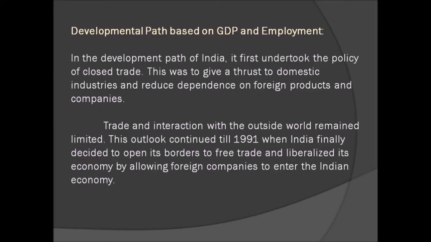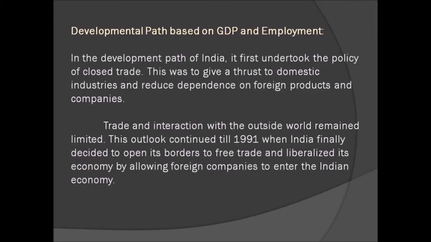India followed this closed trade policy till 1991. So India's trade and interaction with other countries in the world were limited till 1991. Due to increase in population and the lack of jobs, India finally decided to open its borders to free trade and liberalized its economy by allowing foreign companies to enter the Indian economy.